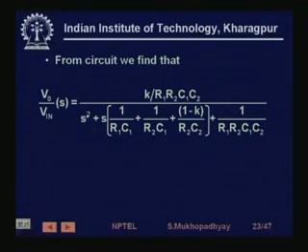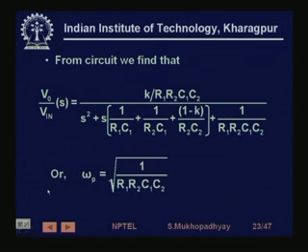So from the transfer function we realize that it is a low pass transfer function. The top is constant and the bottom you have a second order polynomial in s. So that is for second order transfer.